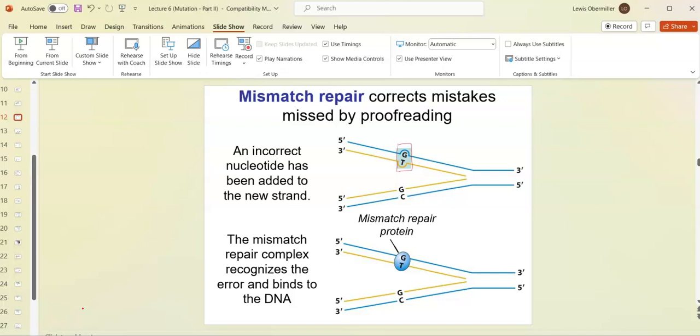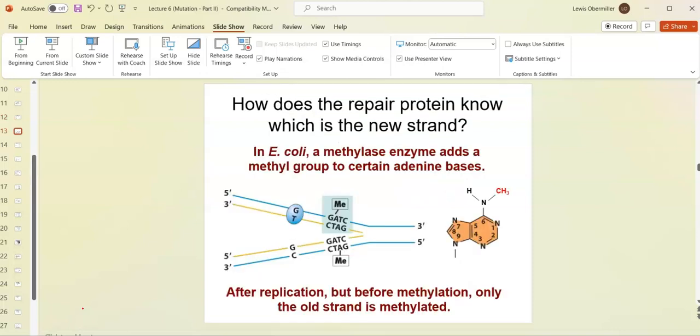So here we have a slight bulge from the mismatch. A mismatch repair protein comes along, it detects that mismatch. It would be kind of like you running your hand over your skin and then you feel a bump. And so it's going to cut out that mistake and then repair it.